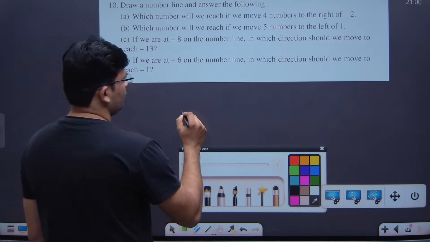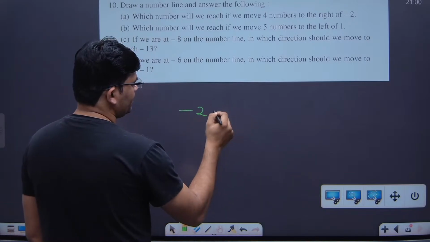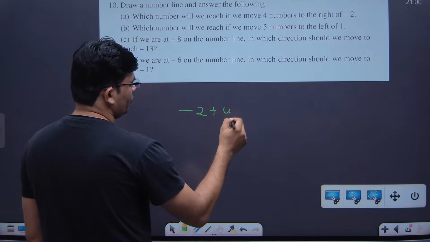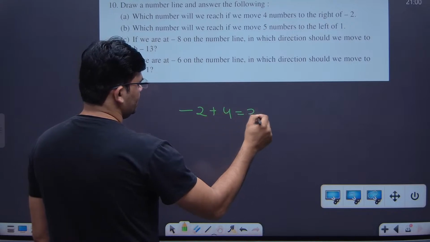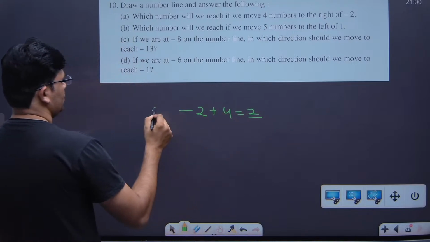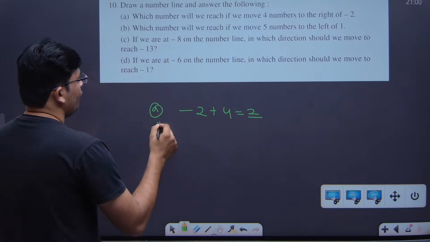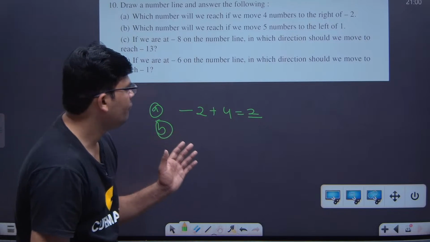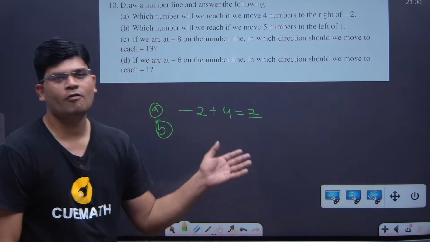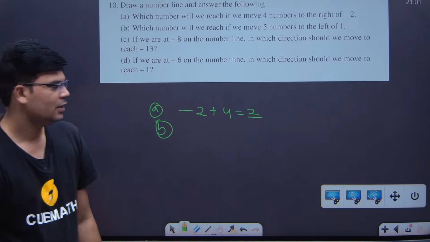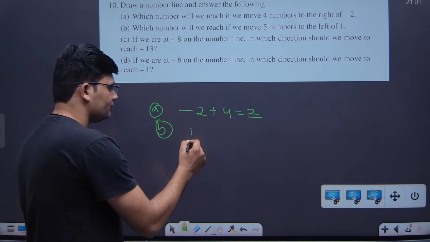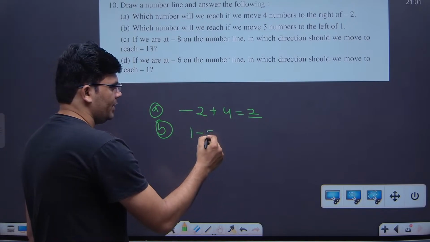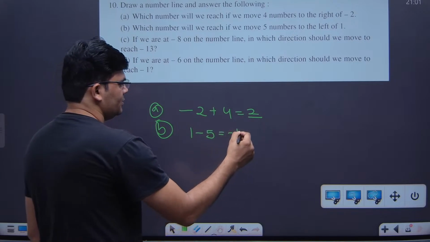Very good. So -2, right means you will write positive, 4 units means 4. So the answer is 2. This is for A. Which number will we reach if we move 5 numbers to the left of 1? Left of 1 means -4. 1 minus 5. So the answer will be negative.